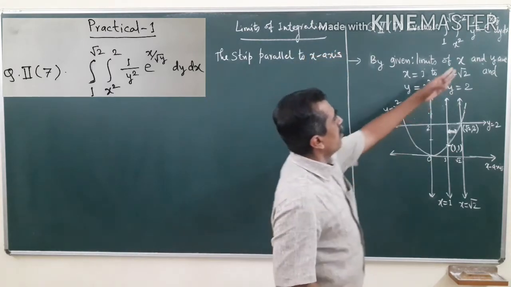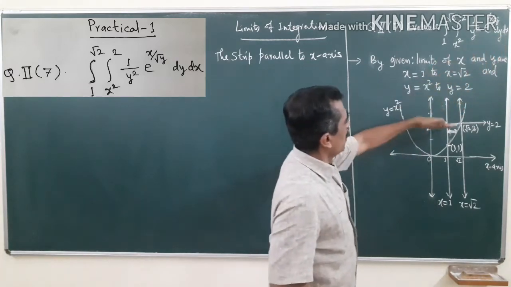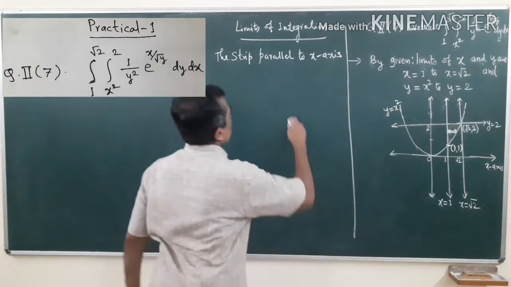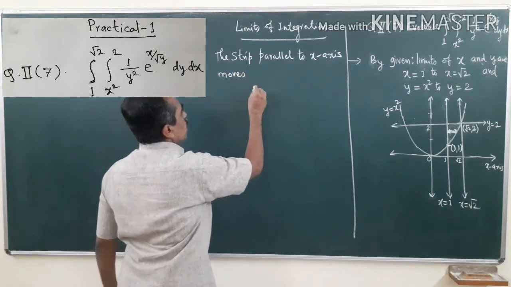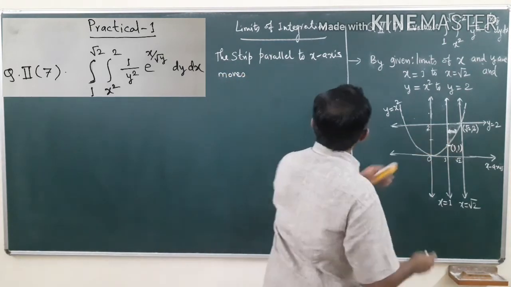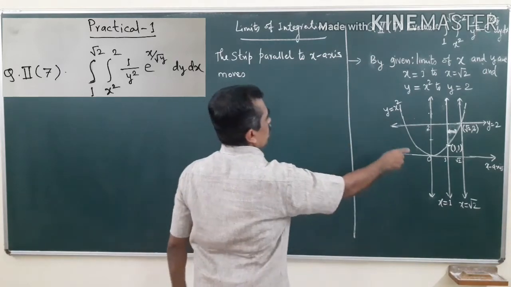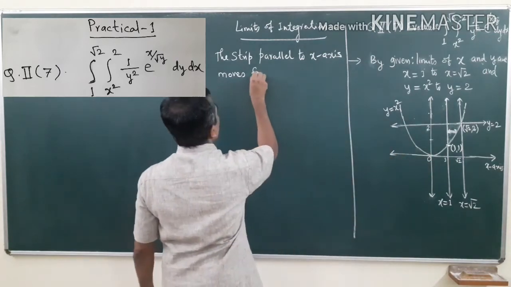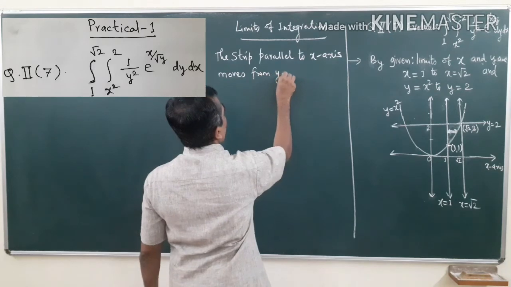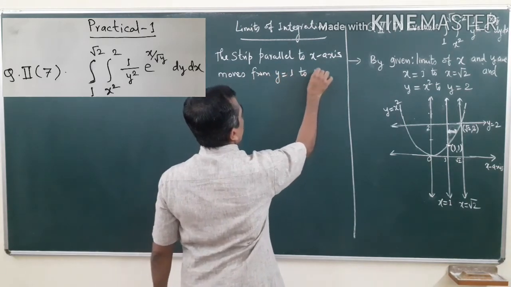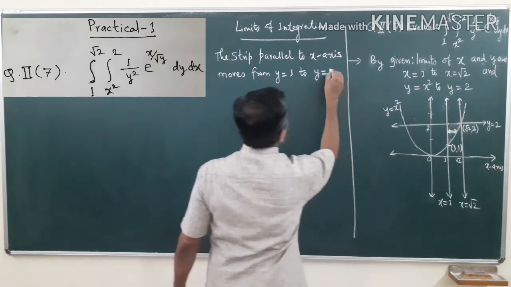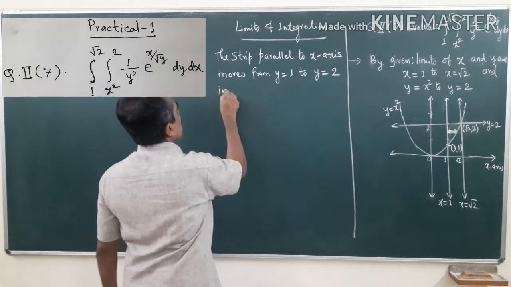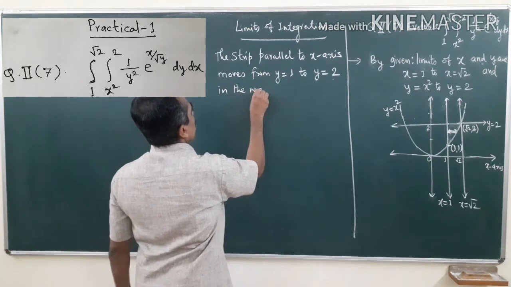Because I want to make the integral first with respect to x. The strip parallel to the x axis moves from y is equal to 1 to y is equal to 2 in the region of integration.